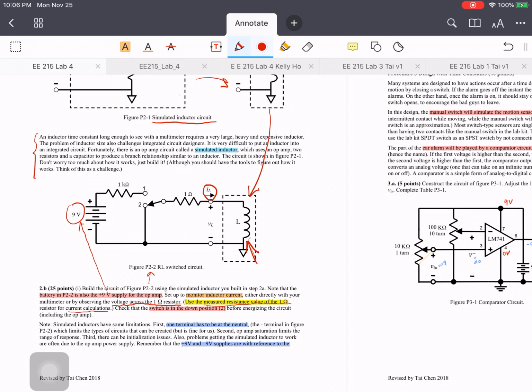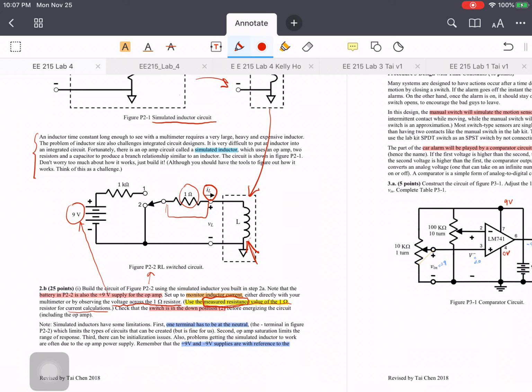One is to measure IL directly. The other one is to measure the voltage across this 1 ohm resistor, but you have to utilize the measured resistance instead of 1 ohm. So for example, it could be a 1.2 ohm resistor.